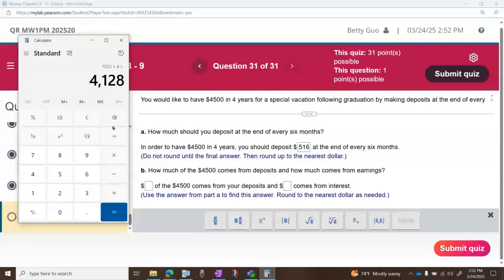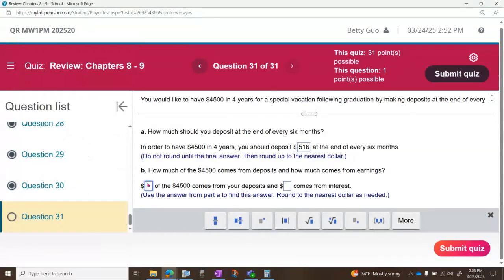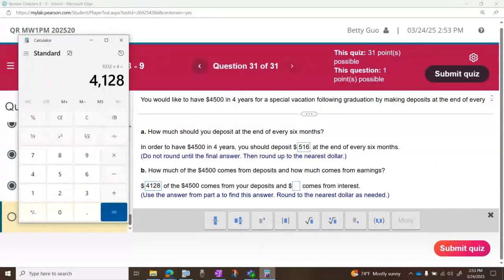You pay that much, but you will have 4,500, more than that. So the difference would be the interest, right? So how much from you? $4,128 from you.